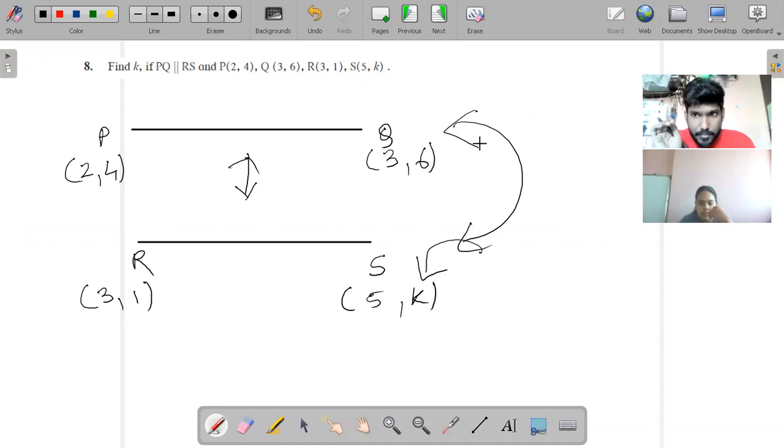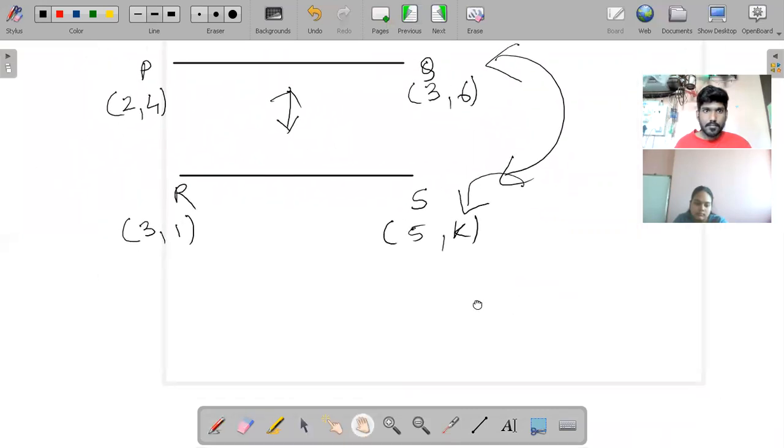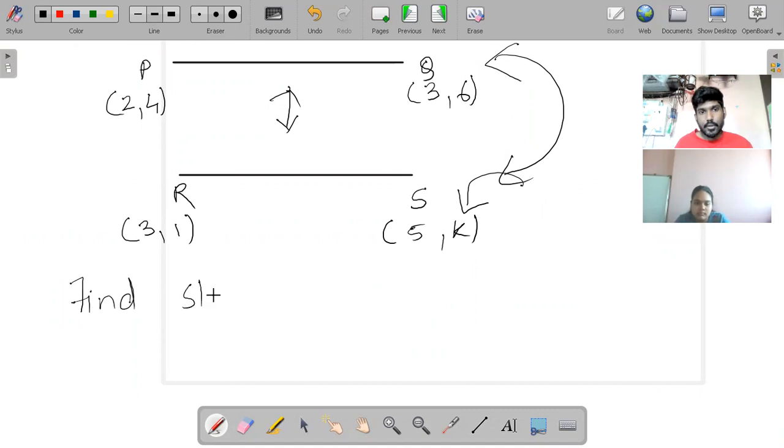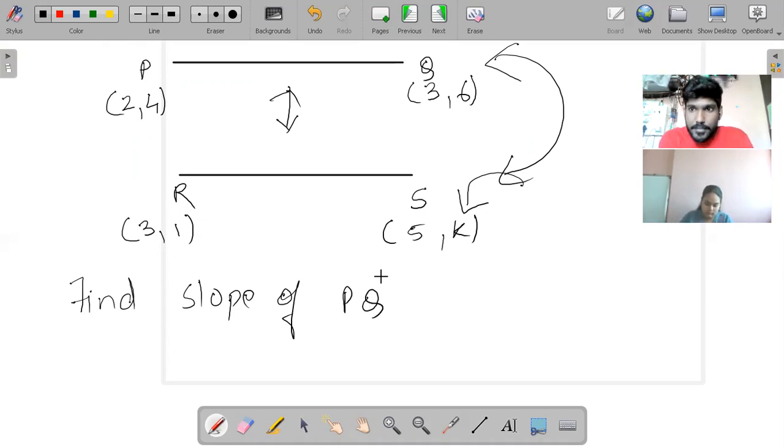Is this clear? Yes. So first, what you will do is find the slope of PQ. Can you find out the slope of PQ and tell me?